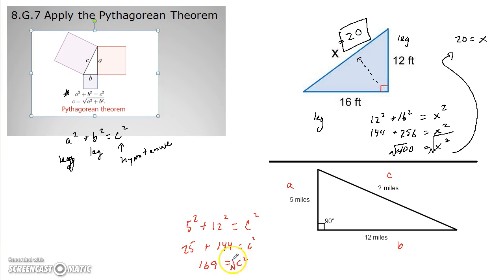Now remember, to undo the square, I do the square root. The square root of 169 equals 13. I check my work because 13 is bigger than 12 and bigger than 5, but not bigger than 17, which is 5 plus 12.